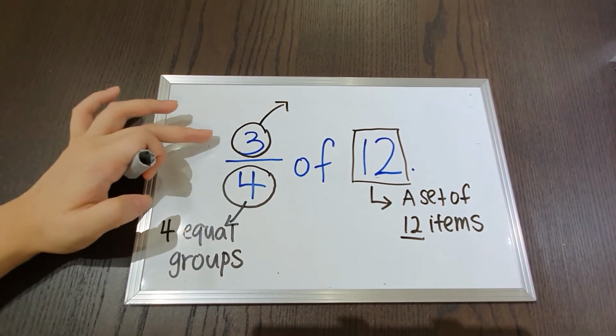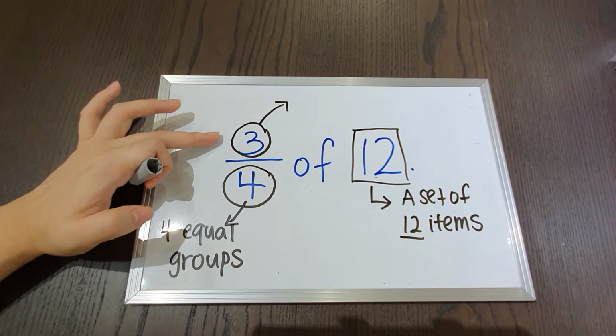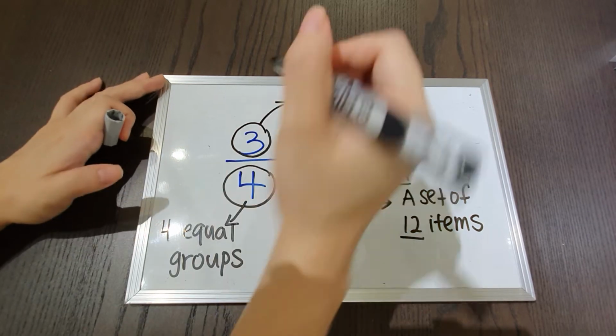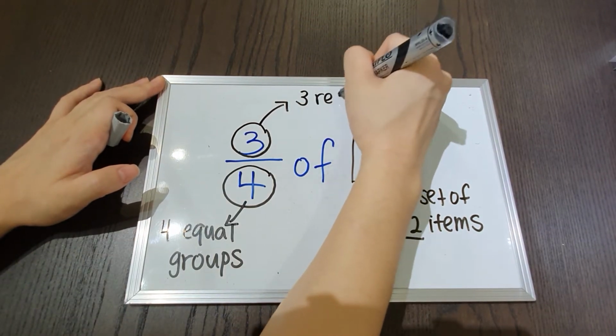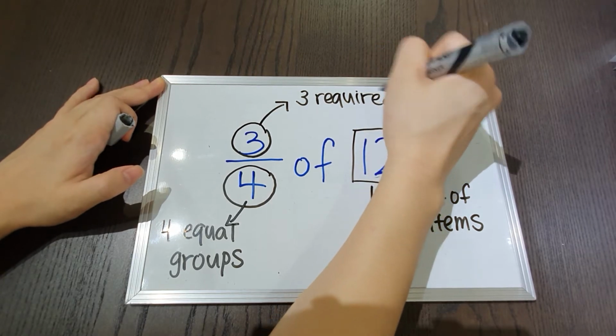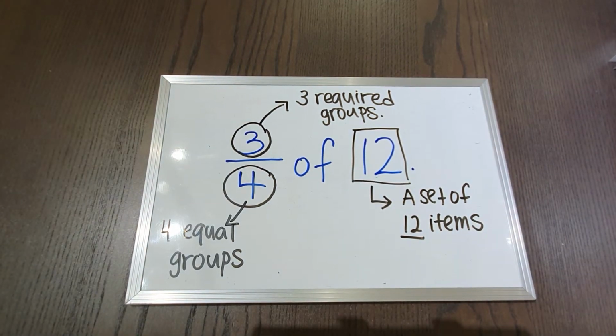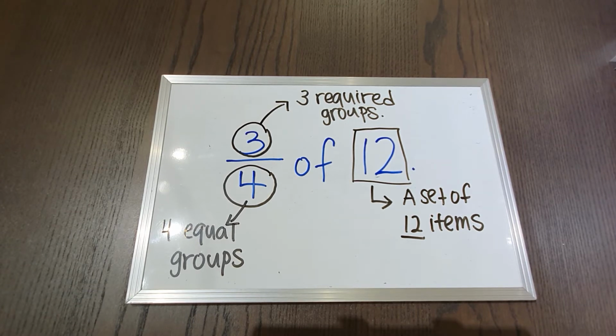We all know that 3/4 can be understood as 3 out of 4, which means out of these 4 equal groups, I only want 3 groups. So 3 out of 4 of 12 simply means I have a set containing 12 items, and I'm going to divide them equally into 4 groups, but I'm only going to find the value of 3 equal groups. I will be illustrating this with an example below.